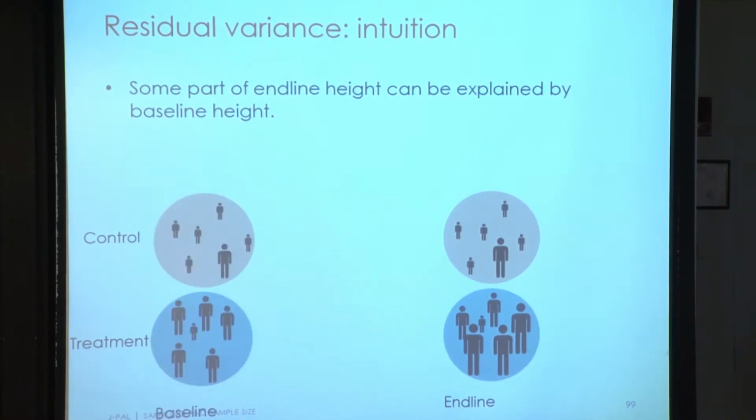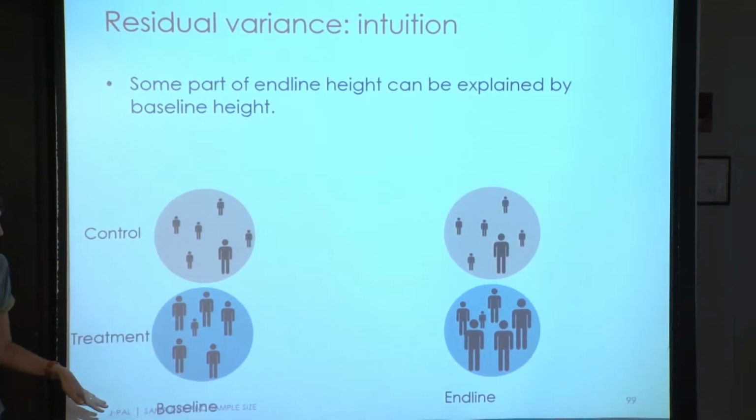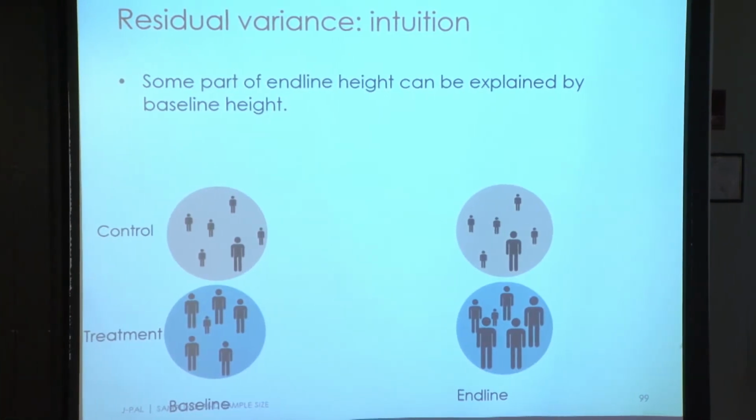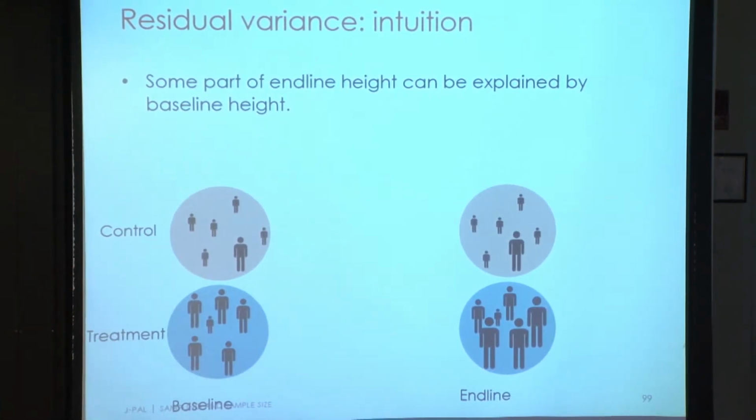One thing we can do is to get a baseline estimate and see whether we happened to pick taller people in treatment than in control at the beginning, and it looked like maybe we did in this case.